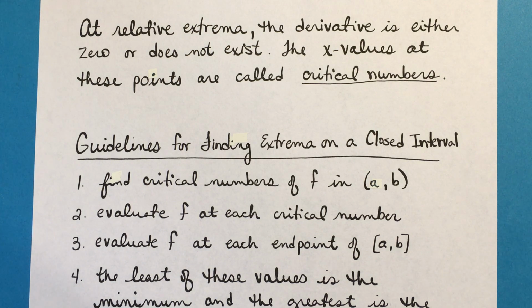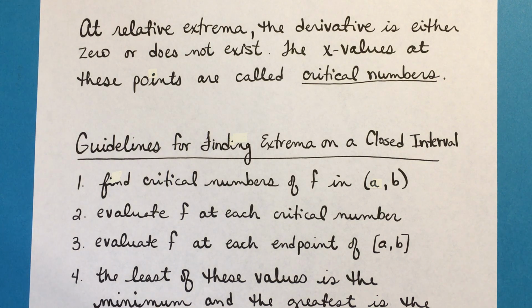It says at relative extrema, the derivative is either 0 or does not exist. So where you have extrema, maxes and mins, your derivative is either going to be 0 or does not exist. These x values are referred to as the critical numbers.